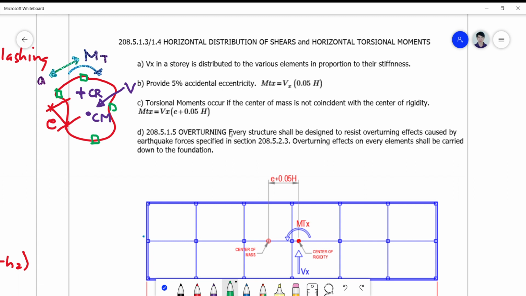This overturning computation is a provision in the code to guard against possible collapse due to overturning. There may be no collapse due to failure, but there may be collapse due to overturning. Just like any other structure, stability is also a factor of safety.